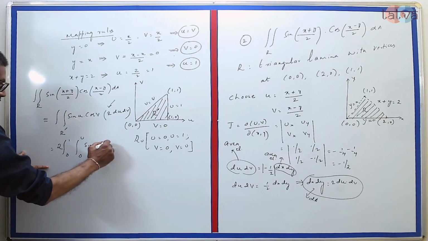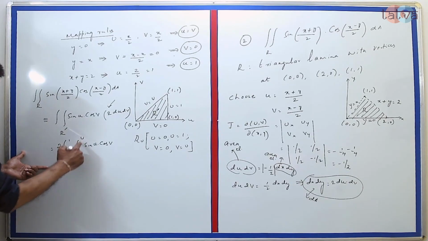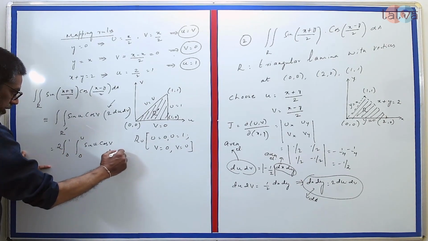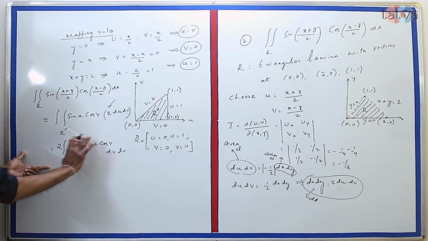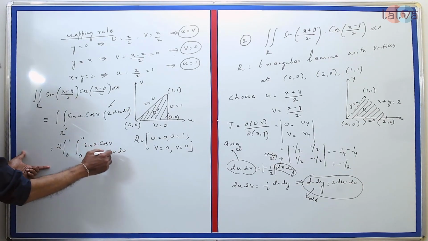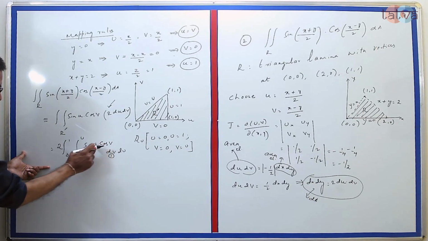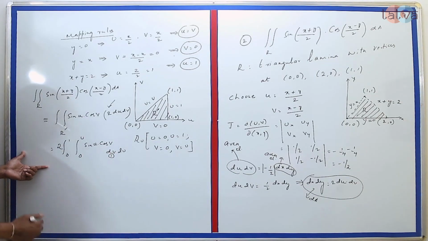Sin u cos v, and because these are the limits for v, the order should be dv times du. Don't think this is a complicated integration. It is very simple because you integrate with respect to v. So only this gets integrated, this remains constant. Apply the limits, and then you go for the next level of integration.